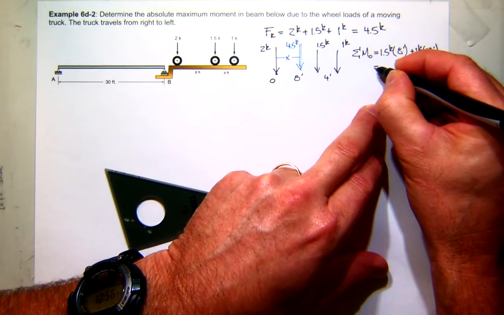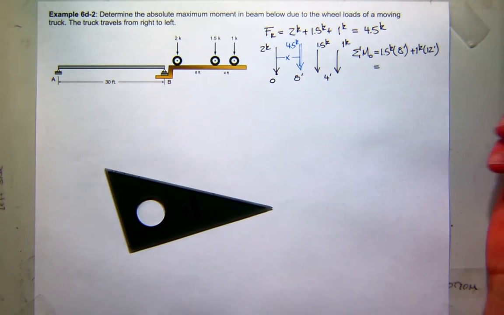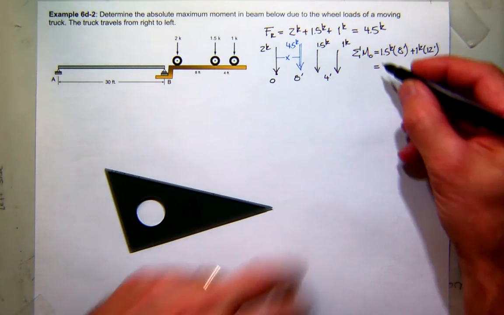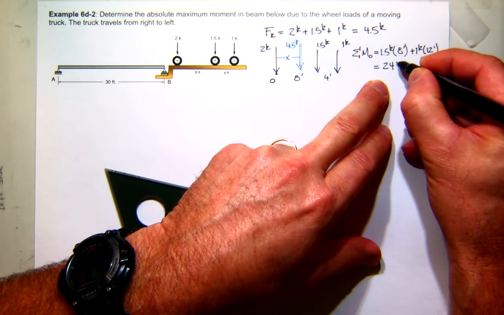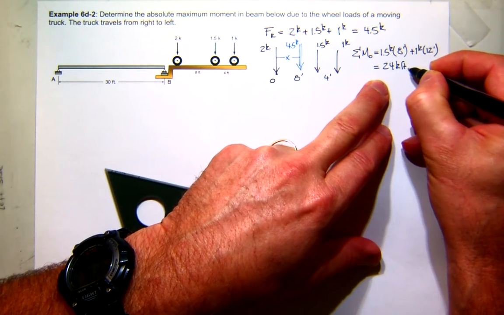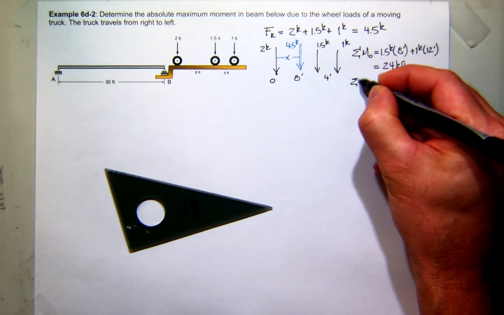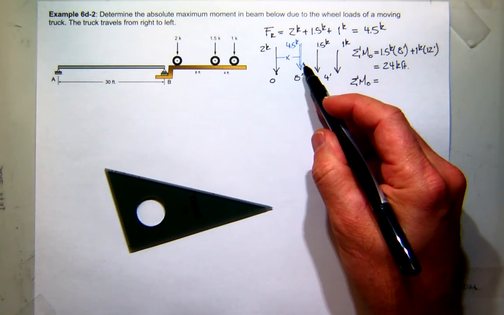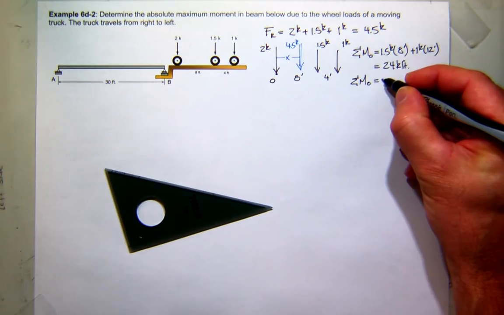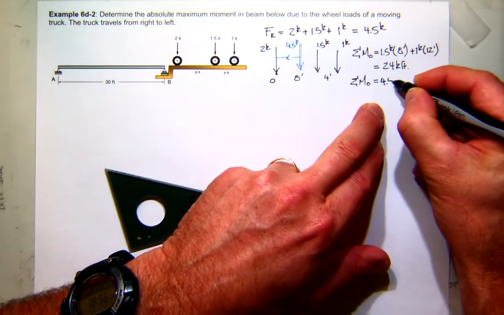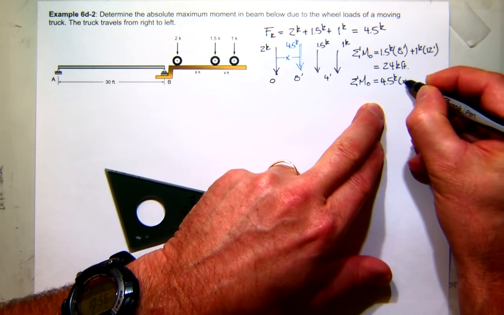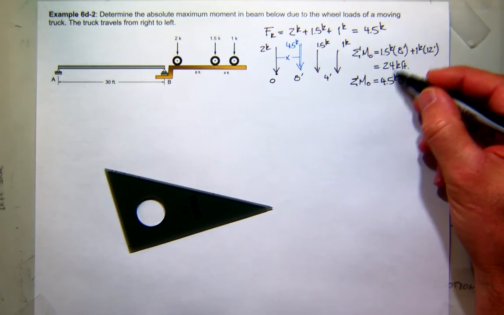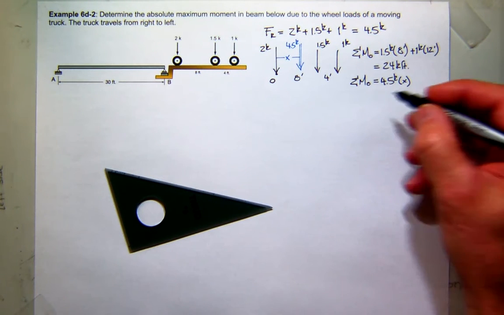What's that equal to? This is 12 plus 12 is 24. Now, if I sum moments about the same point and consider just the resultant force, what do I get? I get 4.5 kips times x. And again, those two things have to be equal. So what is x equal to?